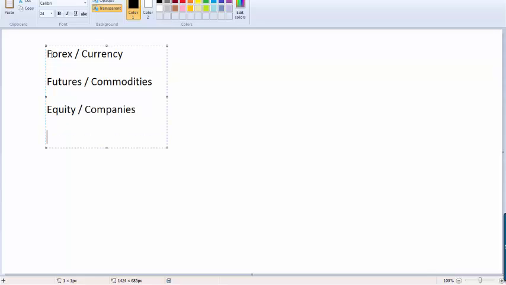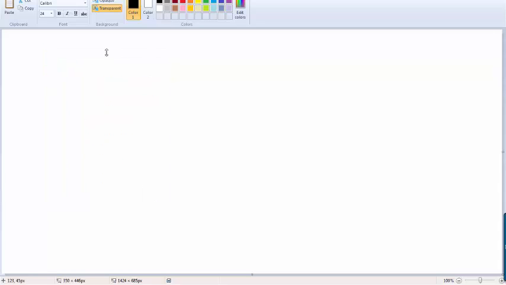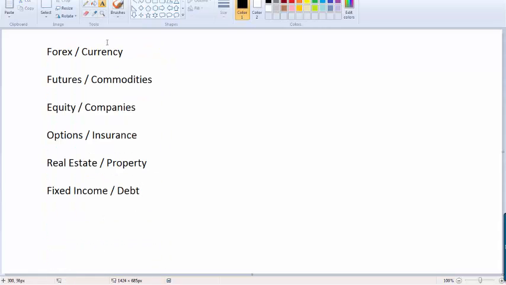Options, or what we call insurance, real estate, property, and fixed income or debt. These are the capital markets. These are the things that I tend to focus on myself. There are other opportunities, I'm sure, that I'm not thinking about right now. But these are some of the major ones.